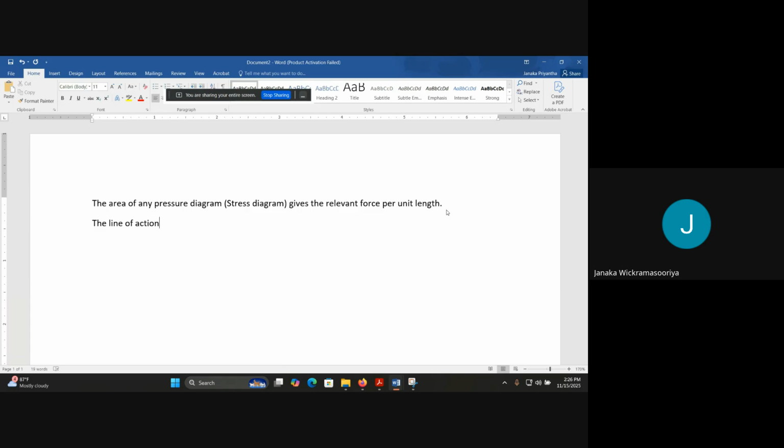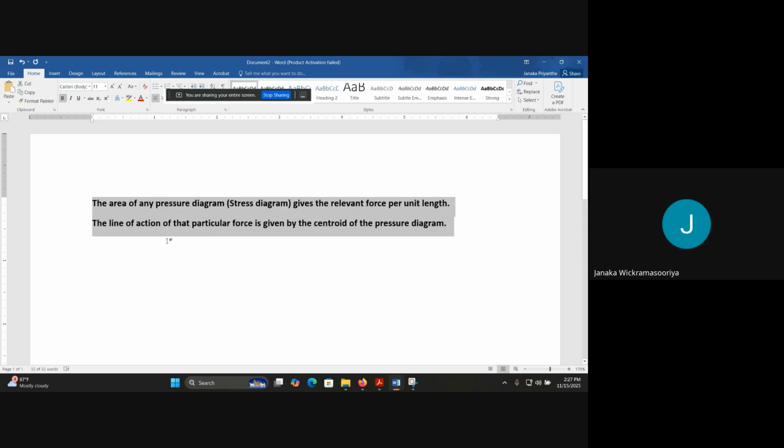But you have learned in A levels, the line of action of that particular force is given by the centroid of the pressure diagram. If it is a triangle, then that would be 2/3 like that. So this is the basic of the theory. It is better if you can write down this one.